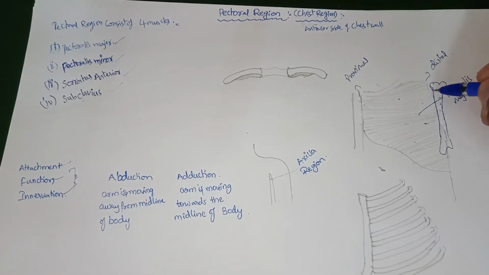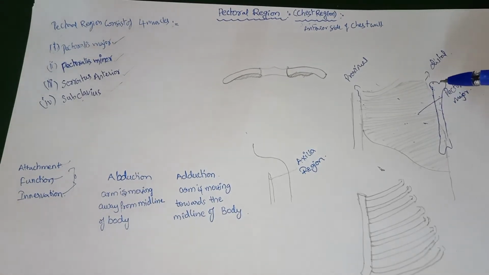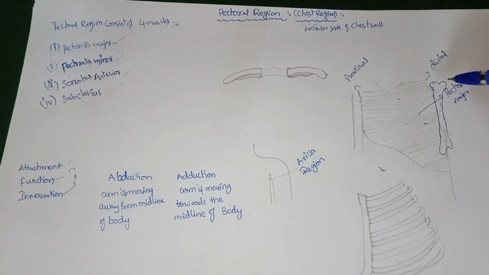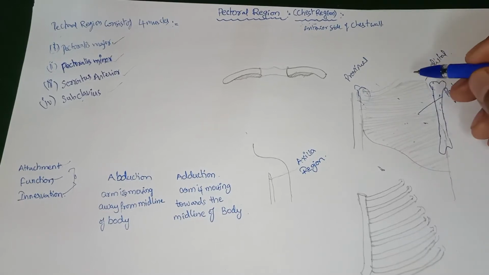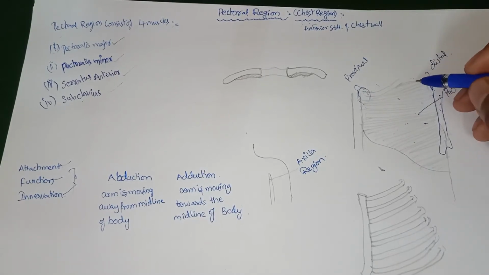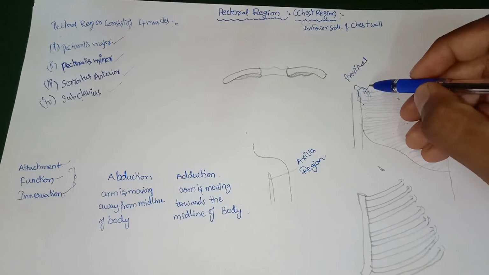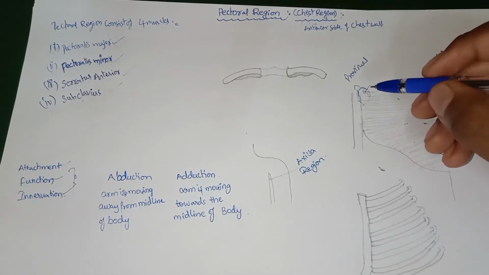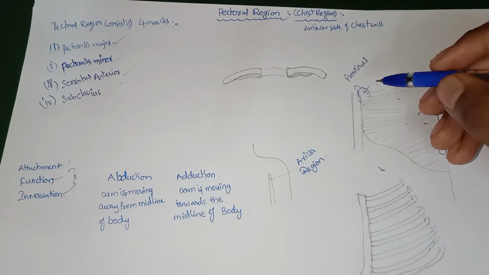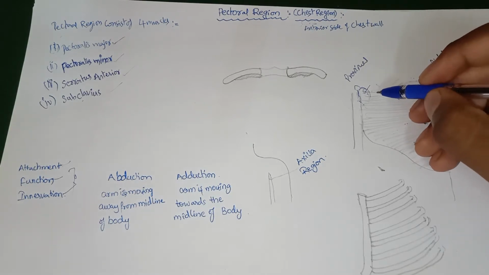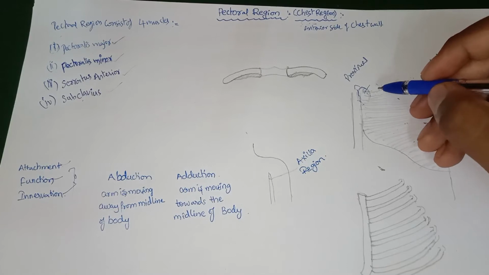Attached to the intertubercular sulcus of the humerus. Now the clavicular head. This is the clavicular head here.